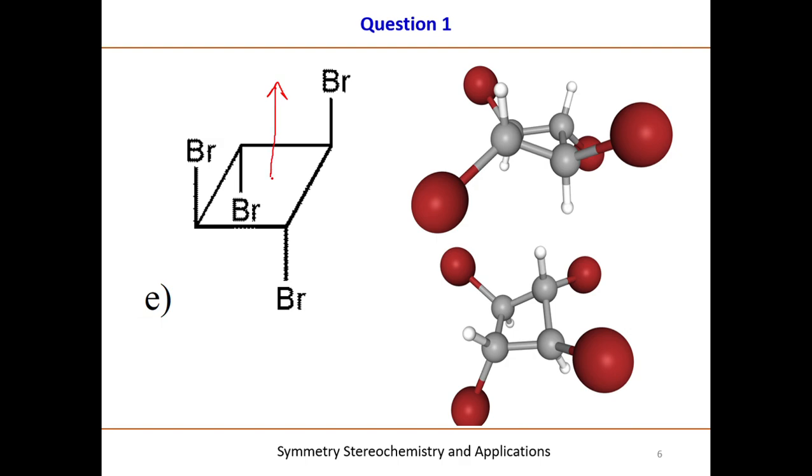This one from here, the other one was from here. Any other C2 axis? Yeah, you can see from this side. Here also we have a C2 axis.